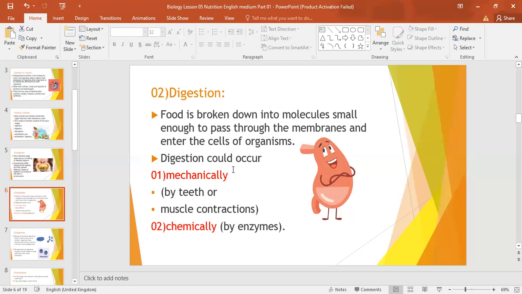Complex molecules are digested to the simplest molecular level by enzymes. Then our cells can absorb these nutrients. We need nutrients. Okay, these nutrients are produced at the molecular level by the digestion.